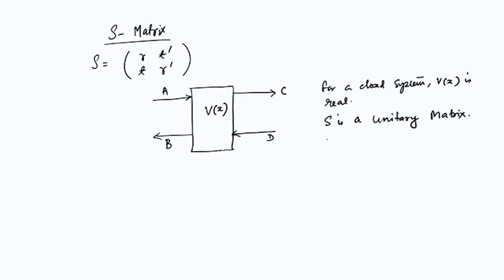The unitarity condition is represented by S dagger S equal to a unit matrix. Suppose I write a 2 by 2 unit matrix, then it should be 1 0 and 0 1. In 3 by 3 it will just go up in dimensions.